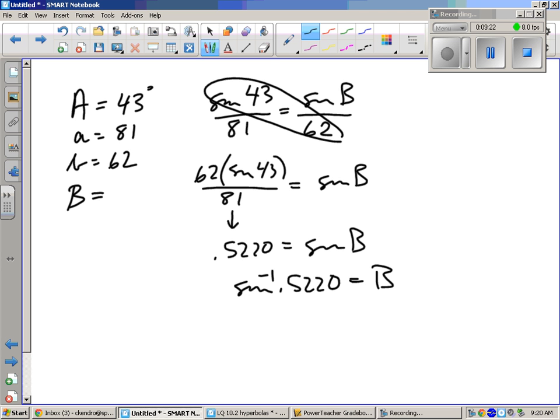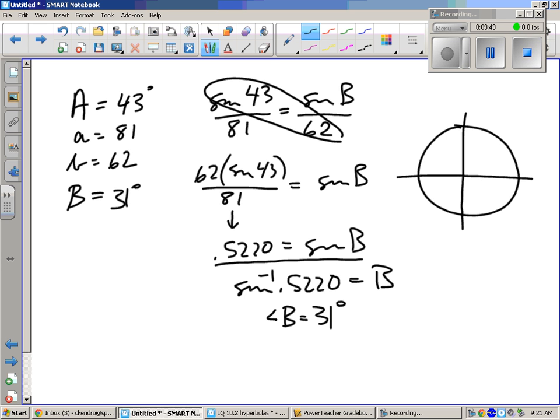So I get angle B to be 31. Okay, so angle B is 31. Let's go back to this. If sine is positive, remember your unit circle, sine is positive in the first and second quadrants.